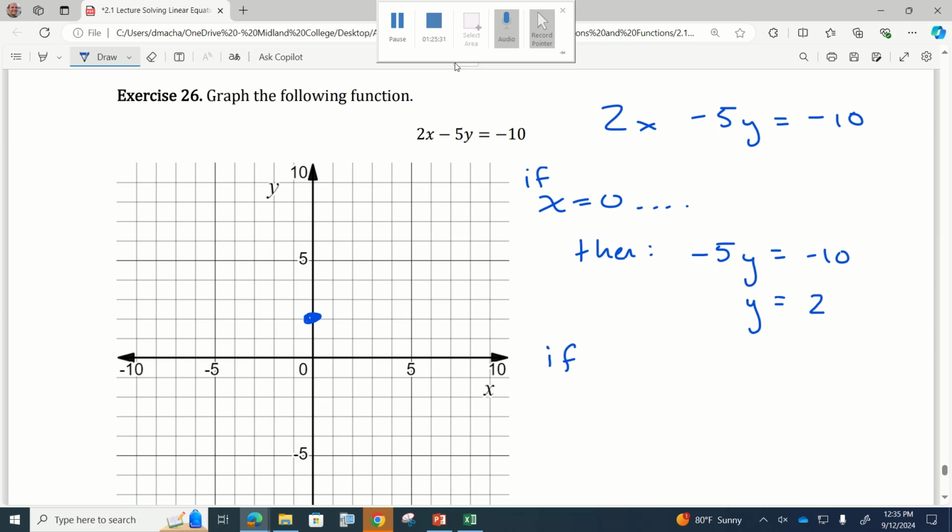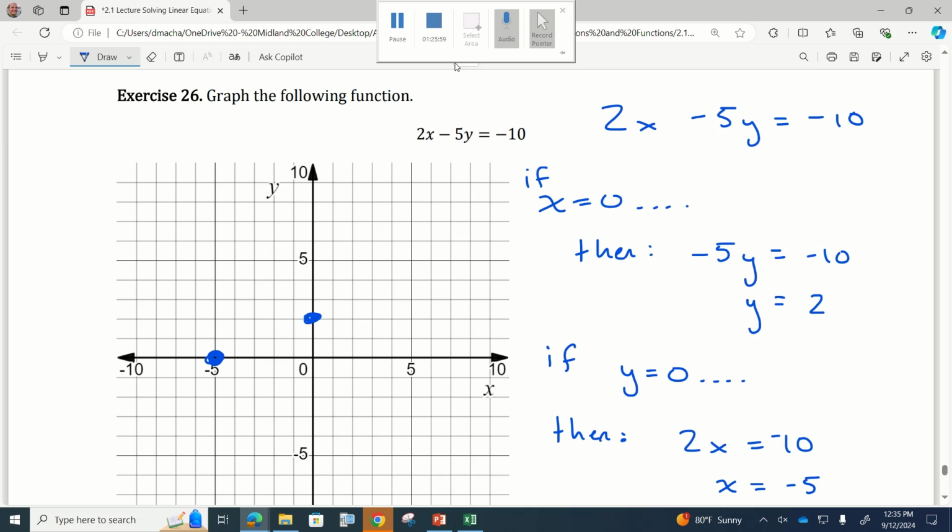And then another thing I like to do is say if y is equal to 0, then what happens to my equation? If y is equal to 0, then I just write 2x equals negative 10. And that means x equals negative 5. So here where y is equal to 0, x is negative 5, and I can plot another point.